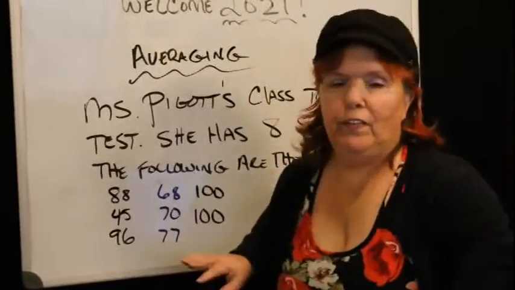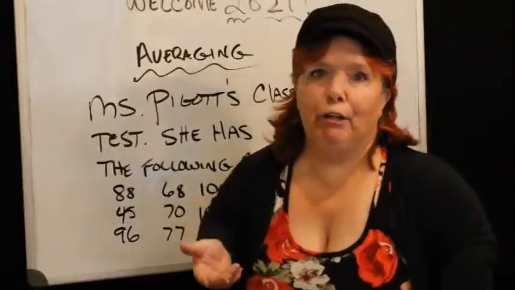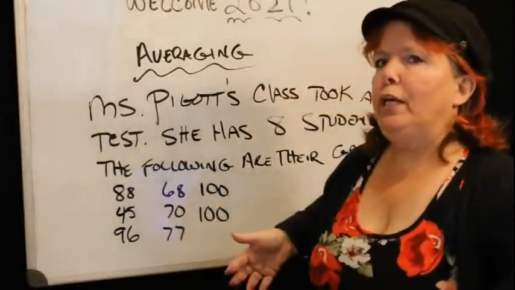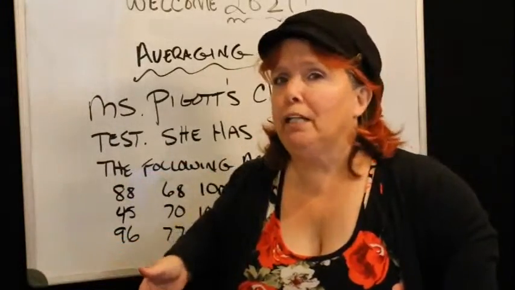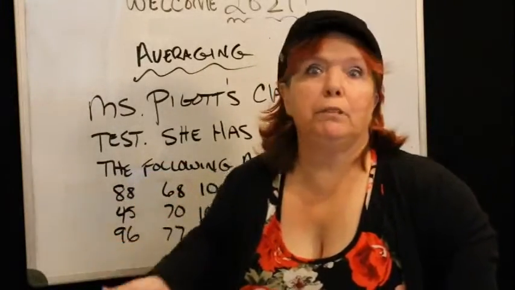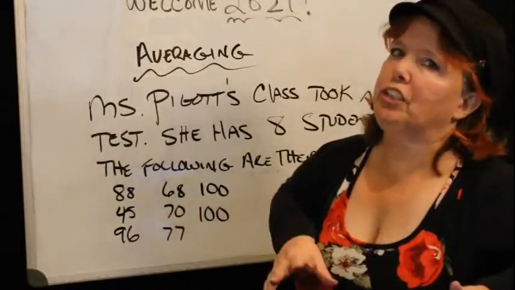I want to know what the average grade is. And this is kind of how I grade myself. At the end of the week, I do an average of my students' grades to determine how well I taught the material. Because again, as a teacher, I want to make sure that my students are understanding.